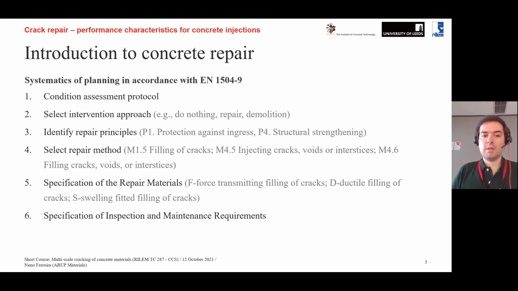And then we can select the repair method. So for each of these principles, there are repair methods associated. And actually, we should remember P1 and M1.5, M4.5, for example, which is injection of cracks, voids, or interstices.